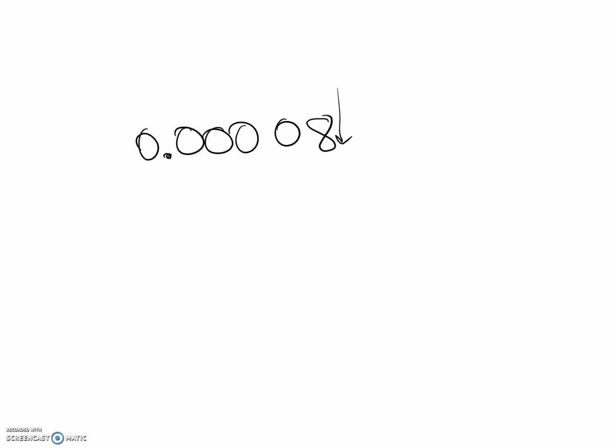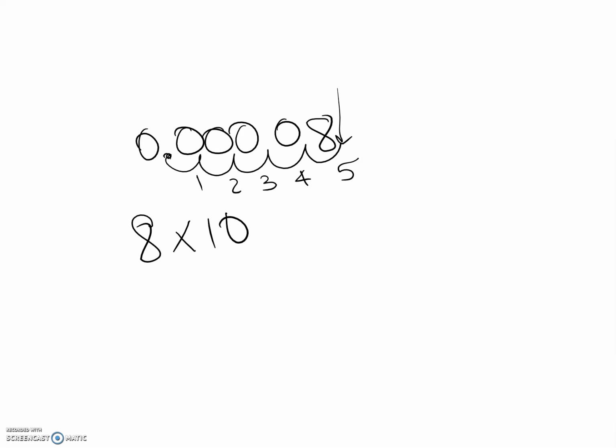So if we start here at our starting position, we need to move the decimal point to the right to get our number as 8 times 10. That's always going to be there. Now let's see how many times we moved our decimal place over. 1, 2, 3, 4, 5 times. So our exponent would be to the fifth, but since we are moving to the right, that means our exponent will be negative.